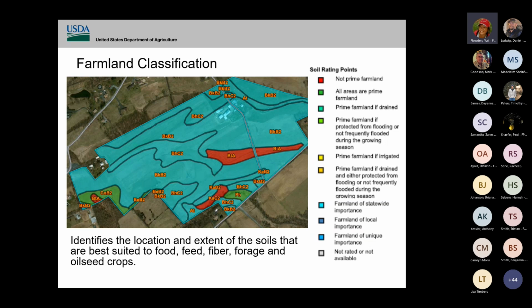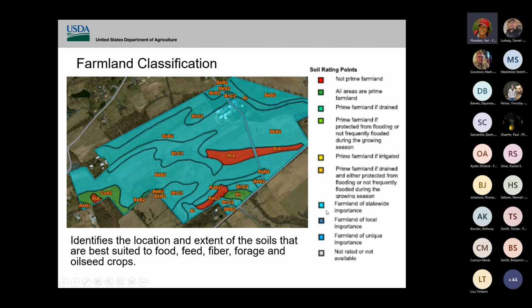And so the legend for the farmland classification map has all these different classifications. And I'll tell you right now that in Pennsylvania, we don't have a lot of those. In Pennsylvania, we have stuff that's not prime farmland. We have soils that are prime farmland. We have a very few areas of prime farmland if drained. We don't have any of these flooding, irrigating stuff.